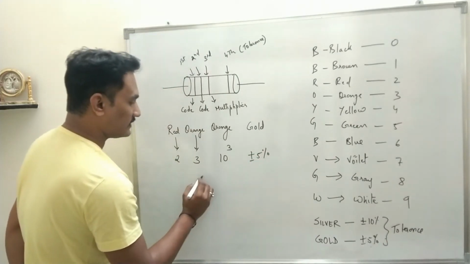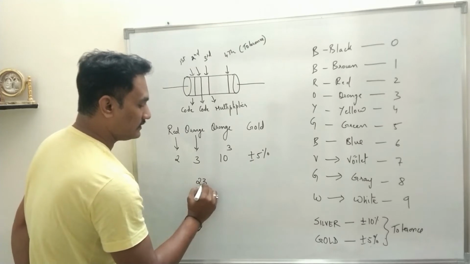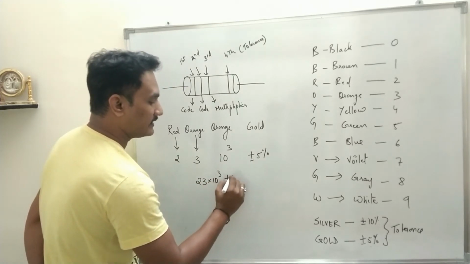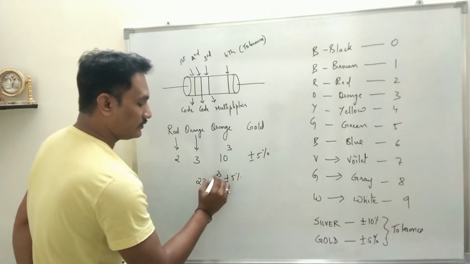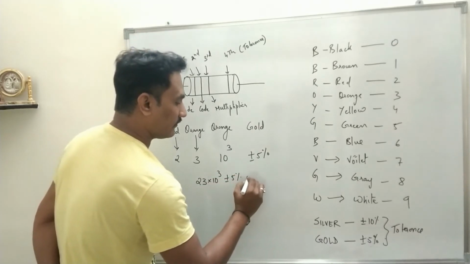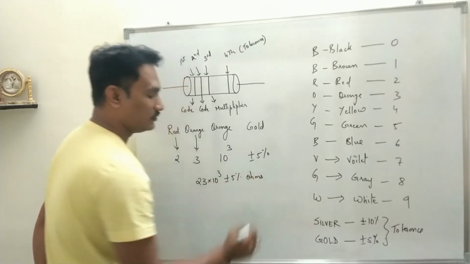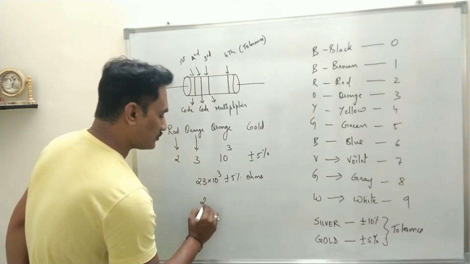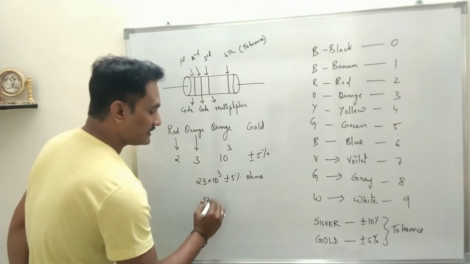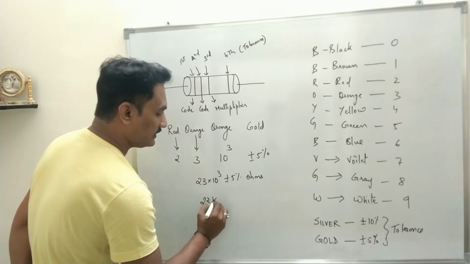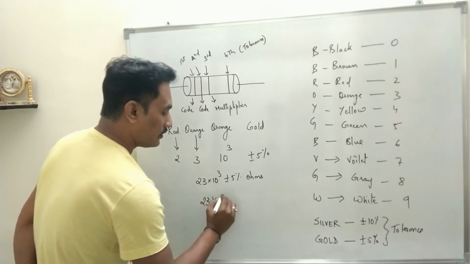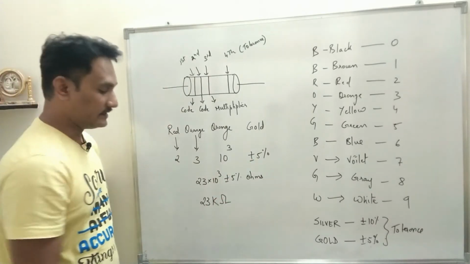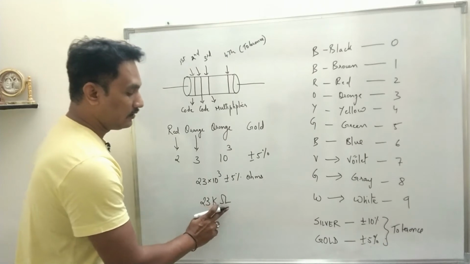So the value of this resistance is 23 into 10 to the power 3 plus minus 5%, in ohms. The unit of resistance is ohms. 10 to the power 3 is kilo, so it will be represented as 23 kilo ohms.